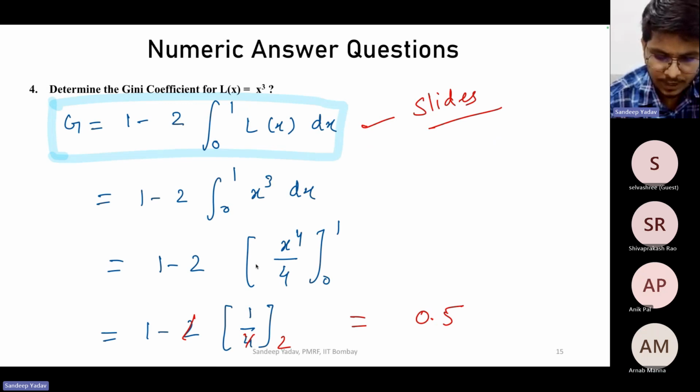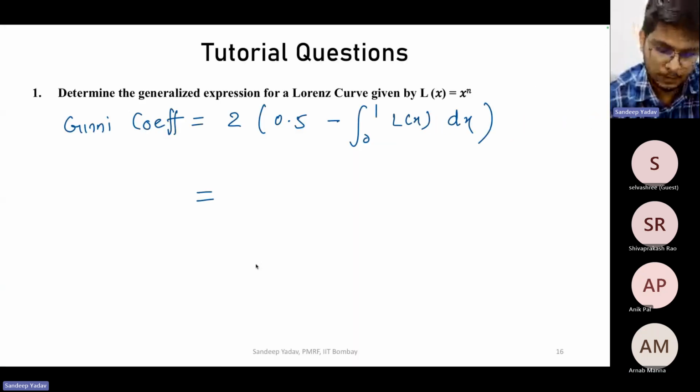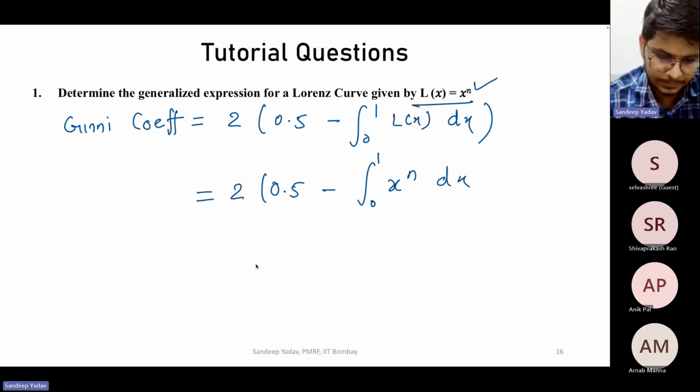These both are the same thing. I've just taken 2 as a common factor outside here. So if you further solve 2 into 0.5 minus, it will be the integral of x to the power n from 0 to 1 dx, because we have to calculate for this function. That's why we are putting x to the power n here.